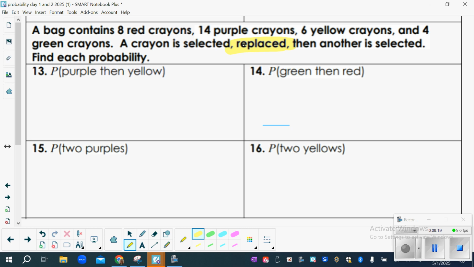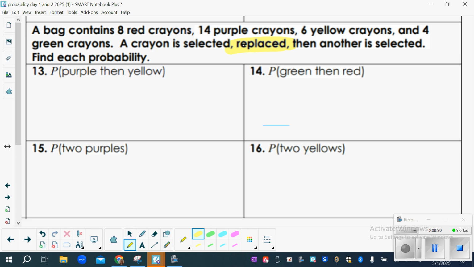So the one thing I want you to write on your notes right now, by the word replace, is that it keeps it independent. Each draw is separate. They don't impact each other because you're putting it back in. That would be like if I drew Andre, put him back in and drew him again. That's independent. Yay for him, he gets the $2,000, right?